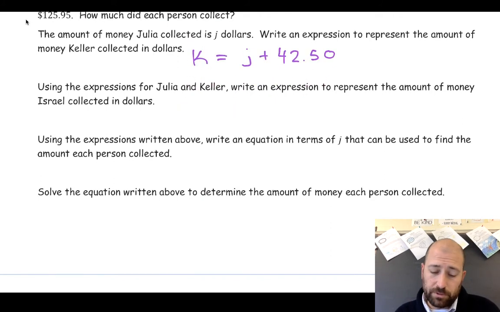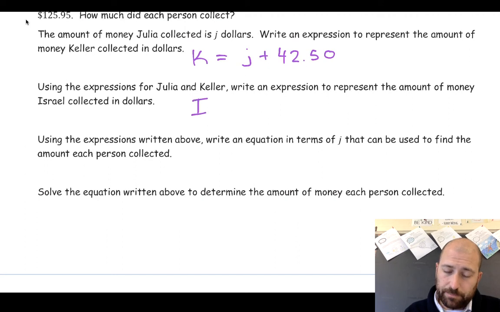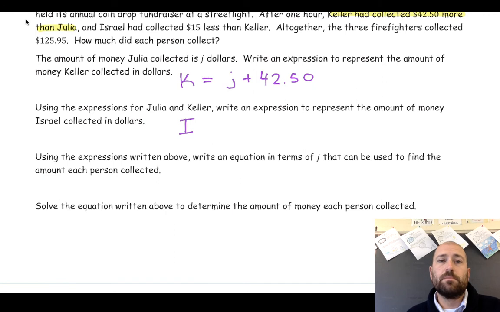It says using expressions for Julia and Keller, write an expression to represent the amount of money Israel collected. So I could say Israel collected K minus 15, but then I'll have 2 different variables, and that's not going to help me out. But I do know Israel collected 15 less than Keller.